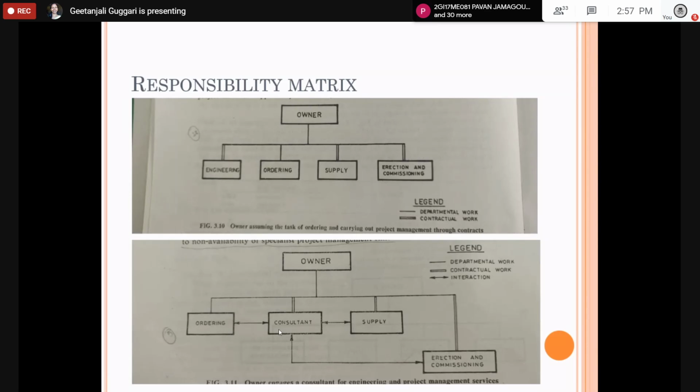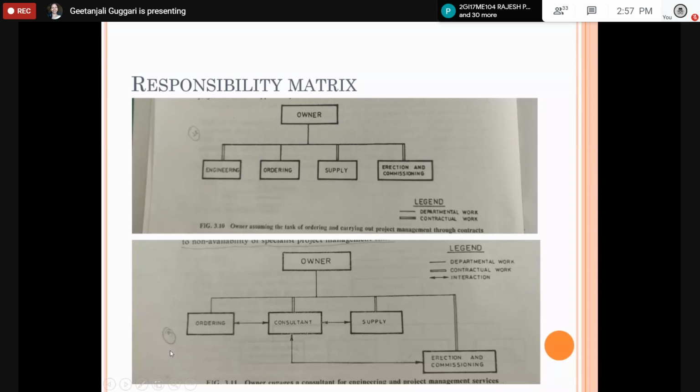The design engineer may take responsibility till the machines are erected, or even the design engineer may not be responsible. A separate consultant you will hire for erection and commissioning of the project. So in that case, it goes on changing depending on the scale. So here, who all are the contractors?